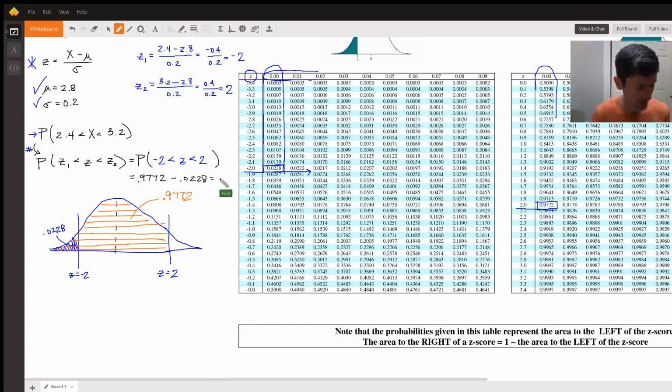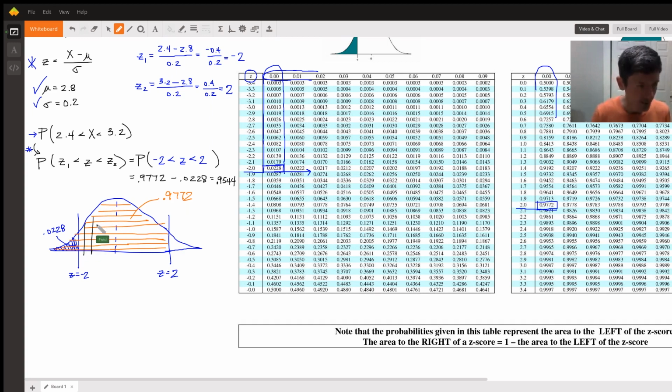And you can take your calculator and subtract those two numbers, 0.9772 minus 0.0228 for 0.9544, roughly 95%, as the empirical rule suggests, between two standard deviations above and below the mean.